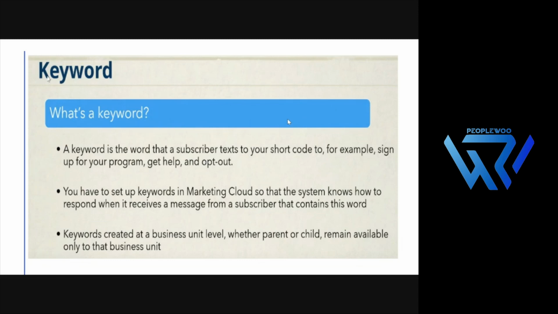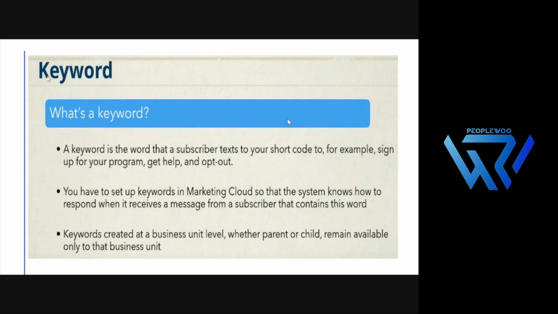But earlier there were no such applications. The technology was still evolving. So how did you set your caller tunes? Just SMS the caller tune, with the last four or five digits of the song you want to set, to a particular short code. In return, your caller tune was set.